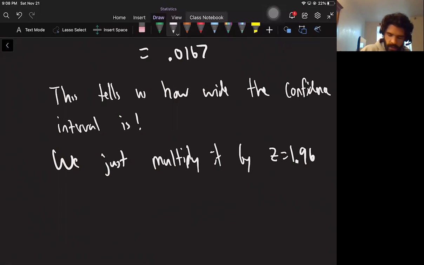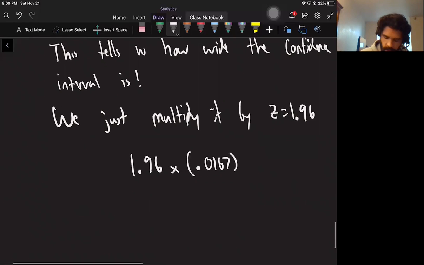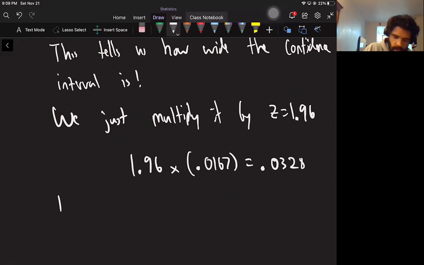So we multiply it together, and once again, the stats people, they just have to introduce extra words for no reason. So this number, which is really just how wide the confidence interval is, also has its own fancy name. Okay, so just do this multiplication on a calculator and you get that. The fancy name is, it's called the margin of error.